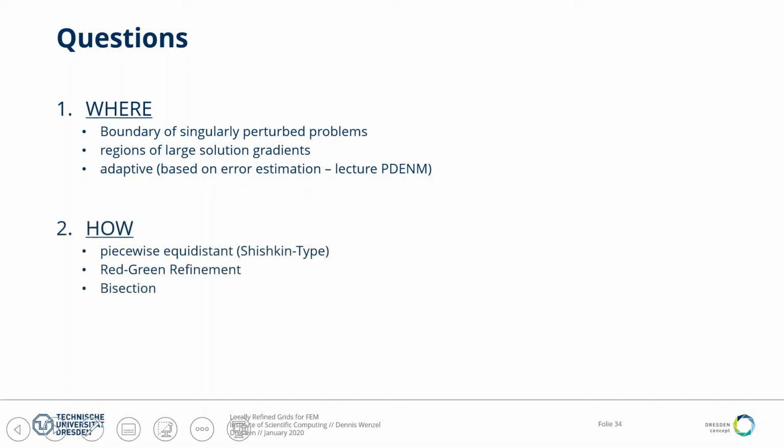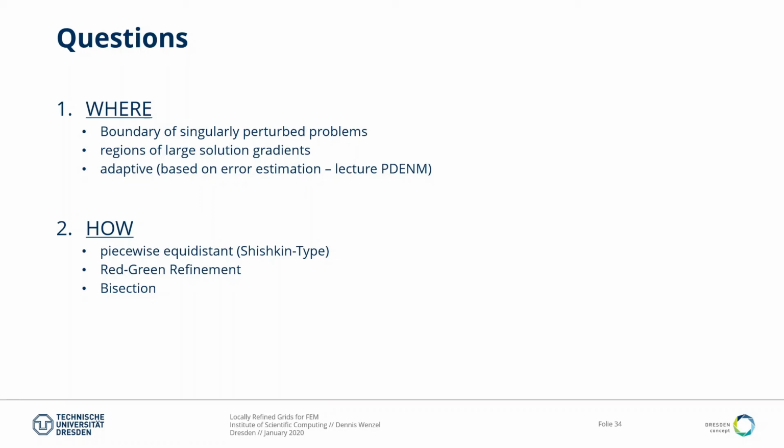And of course, the other question, and that's the one that's interesting here, is the question how. So how can you actually get this locally refined grid? One example we have seen already, this Shishkin-type grid that was just doing a piecewise equidistant division of your domain. So very fine close to the boundary and coarse in the rest. That is very simple.